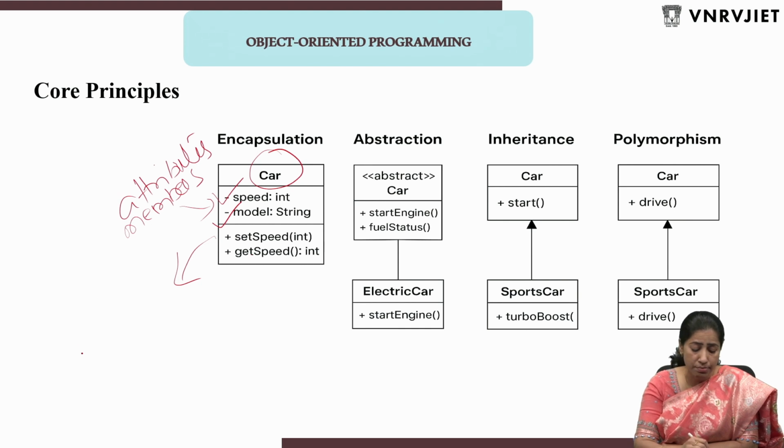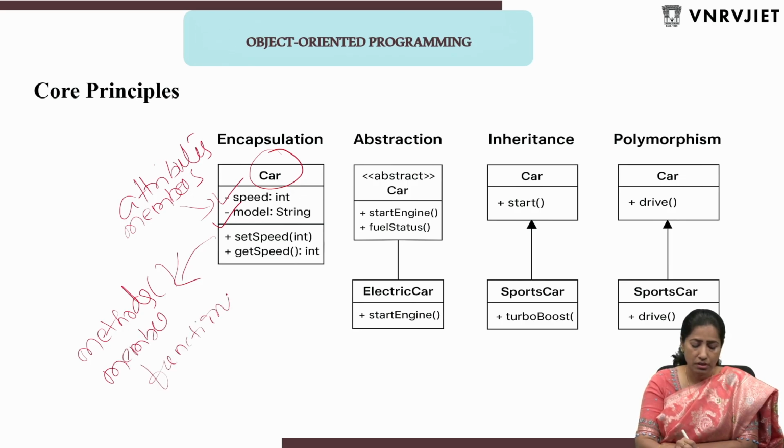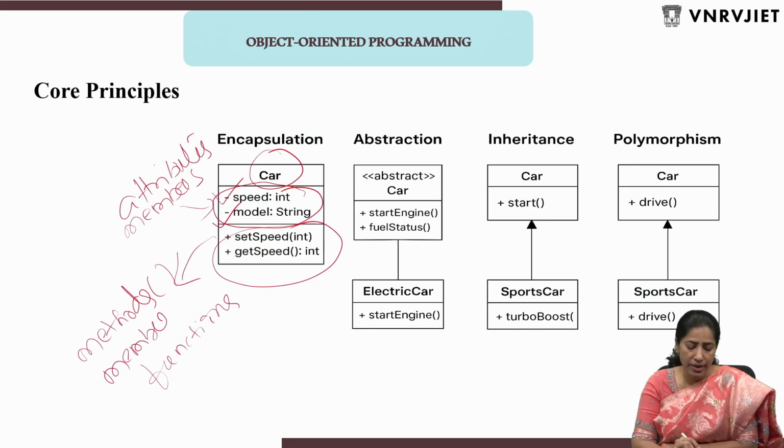What is the behavioral aspect? Methods, or these are called member functions. The method indicates the behavior of these car properties. That's why these are called member functions. We'll see how it functions.